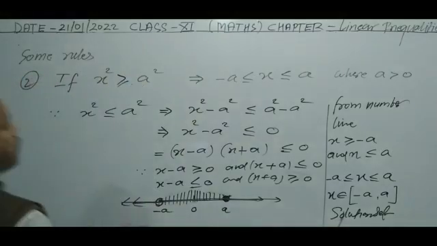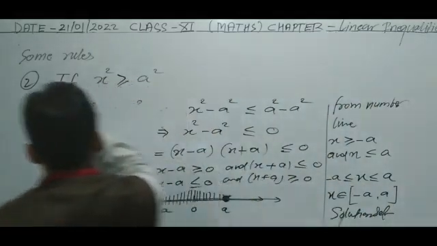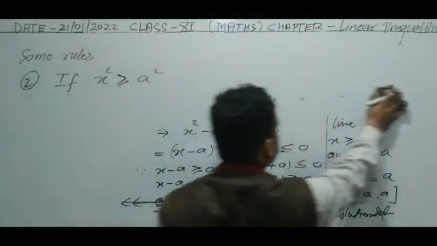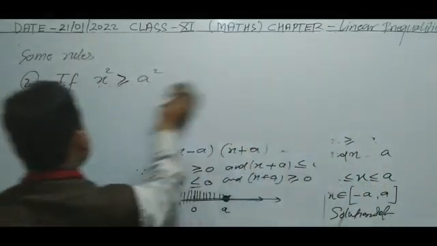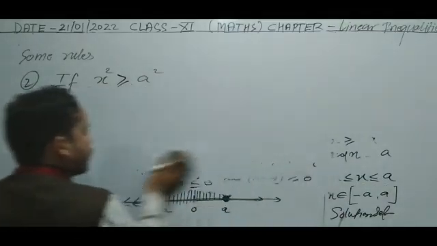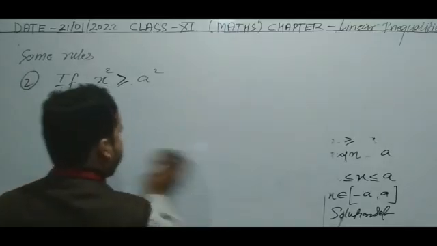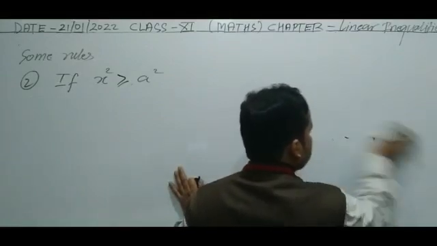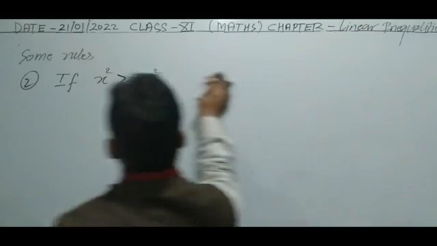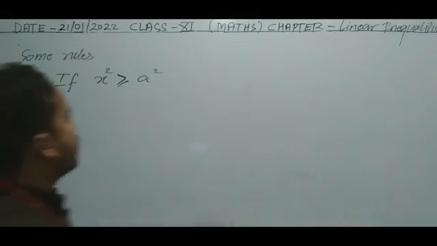So this is the second part: x square is greater equal to a square.